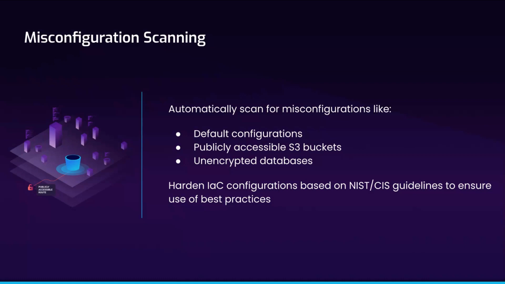And the third very common example that we run into very often is an unencrypted database. So if the organization is using RDS that includes sensitive information, and by default, it's unencrypted. So hardening this infrastructure as code configuration based on best practices, be it CIS or other guidelines, is mandatory to ensure the use of these best practices and to make sure that your infrastructure as code is properly set.